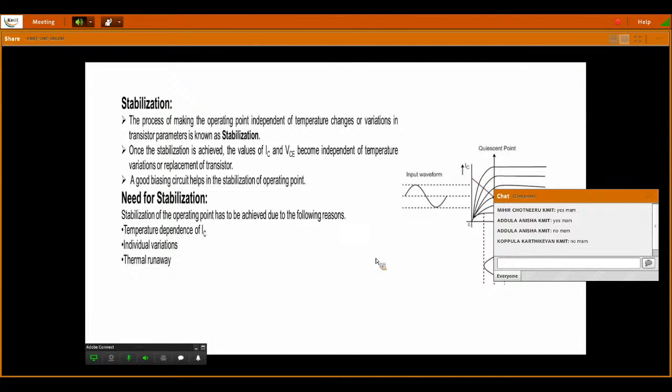Next, thermal runaway. Due to improper biasing circuitry, the transistor can self-destruct due to the increase in temperature, and that is known as thermal runaway.